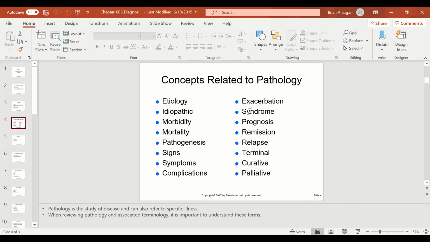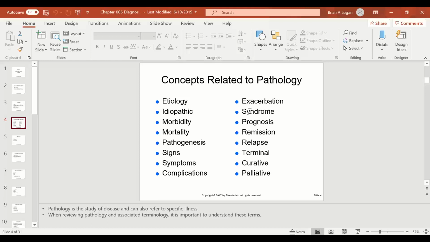What we're talking about here is pathology, the study of disease. That's why we do all of these diagnostic things: we're trying to find out what disease the patient has, what the problem is. All of these tests give us the information we need to find that disease process going on in that patient.